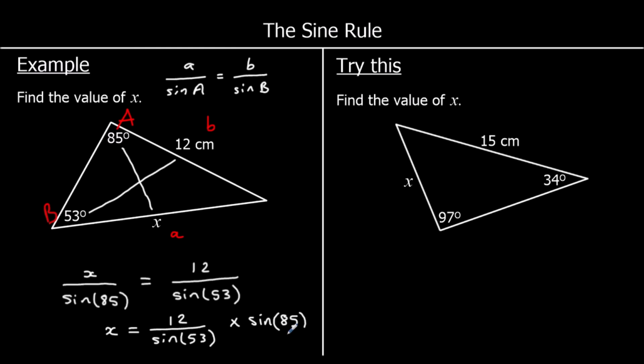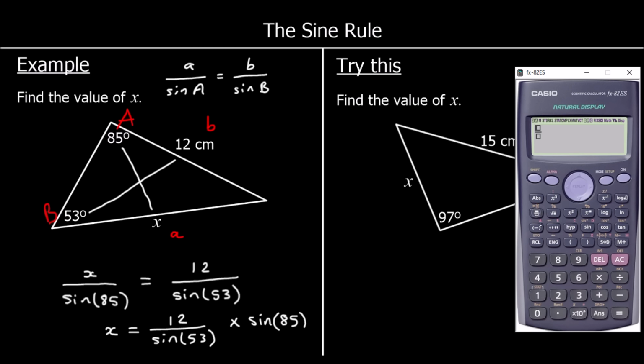And we can just type this exactly how it looks into the calculator to find x. So I'm going to write fraction button 12 over sine 53, and then all of that times sine 85.